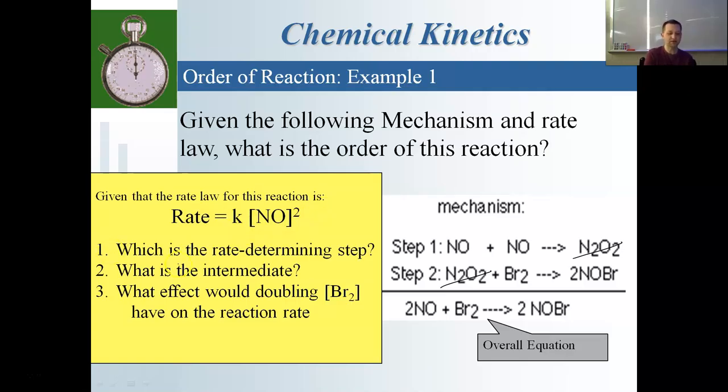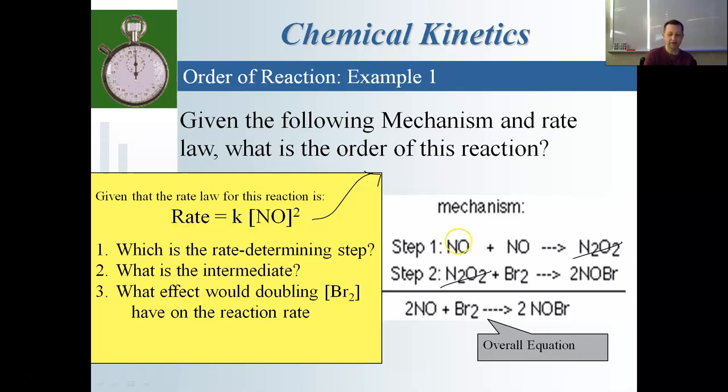Number 1 says, which is the rate determining step? So the rate law is based off of your slow step. The rate law is based off of your rate determining step, which is that slow one. So which step, step 1 or step 2, is going to be used to figure out what that rate law is? It's going to be step 1.